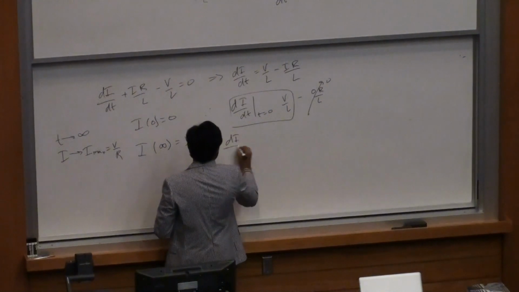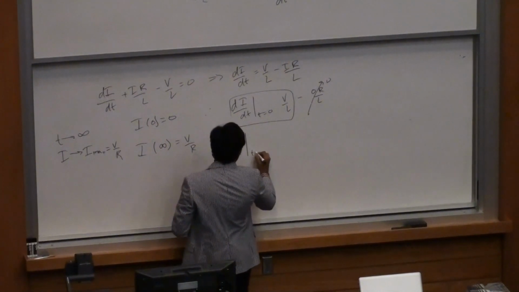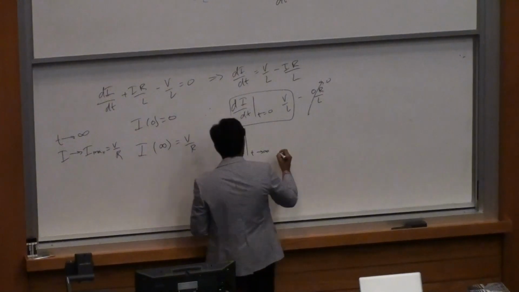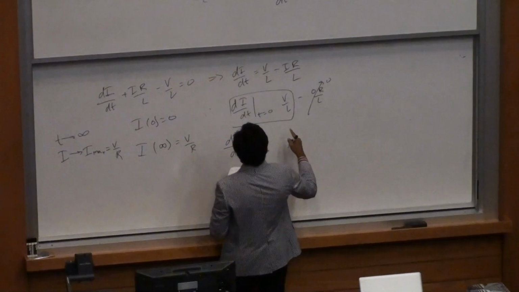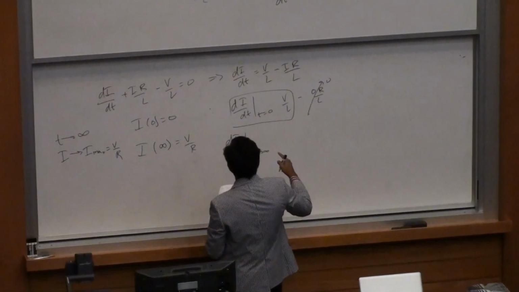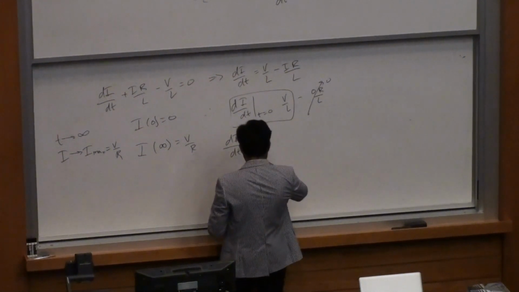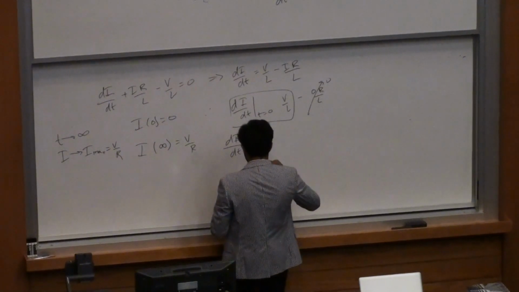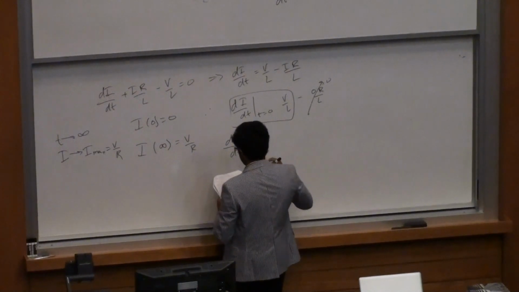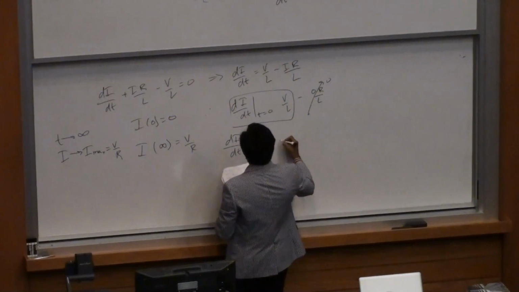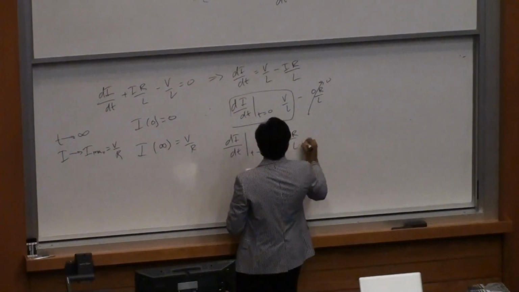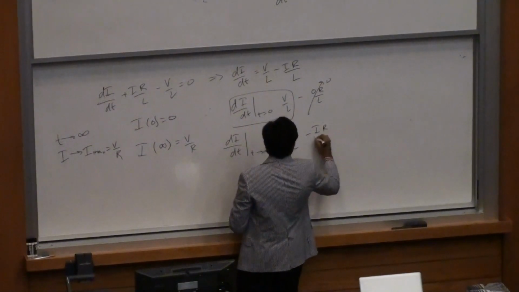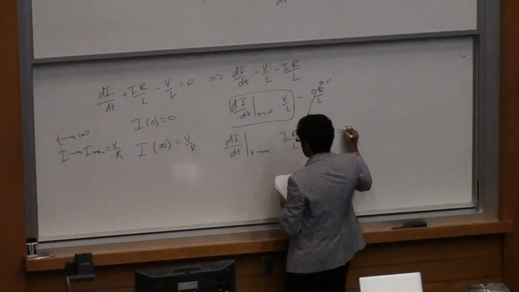Therefore, di over dt at time going to infinity, let's see, so from this I get, I substitute in for the voltage there, so I get I R over L minus I R over L, and this equals 0.